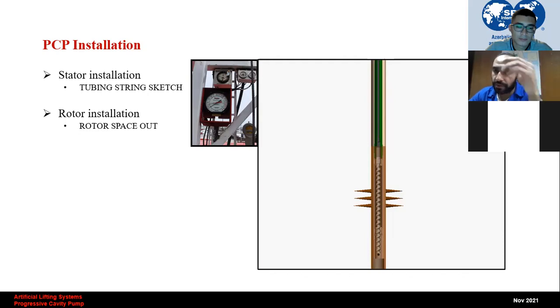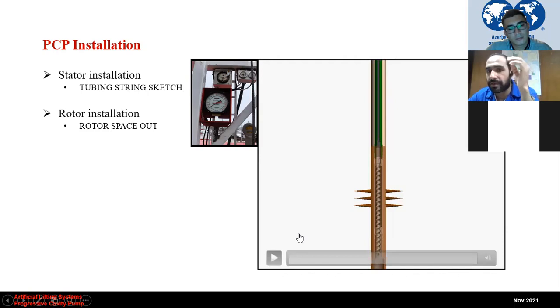And then when we make the space out, we pick up the sucker rod and go in the upward direction till we get the full rod string weight on the Martin Decker. So this is the slack weight distance. In addition, we will pick the rotor up an additional distance.